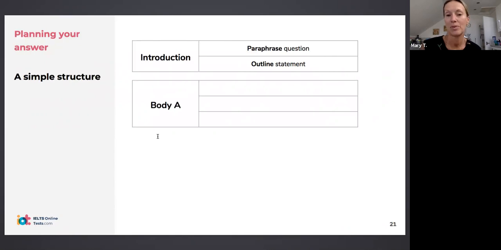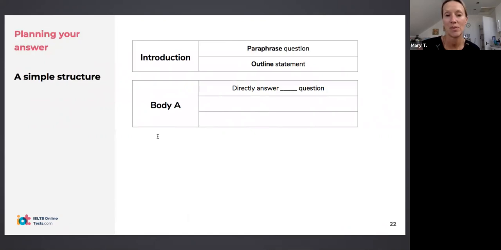And then we have the first body paragraph, body A. Yeah, we'll come to that in a minute, Alex. So let's just look at the structure first, and then I'll come back to that. Okay, so body A. In body A, the first part, you directly answer what? First idea? The first question.